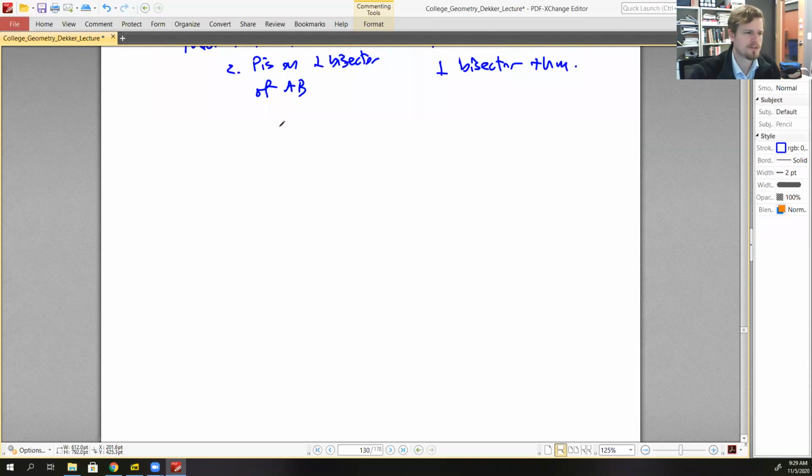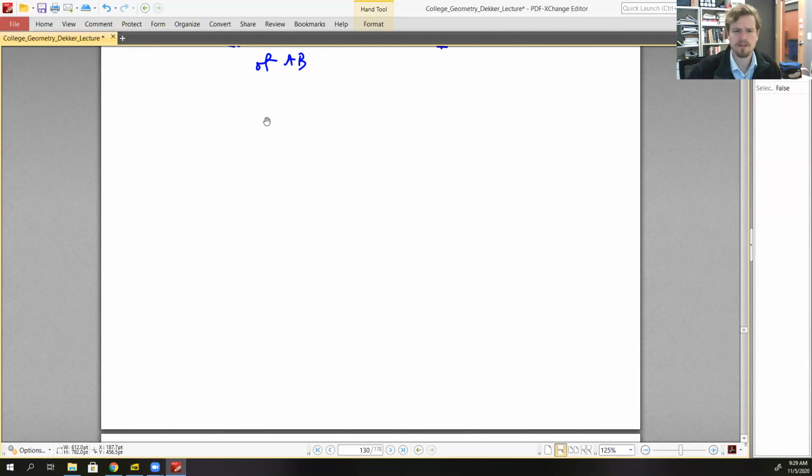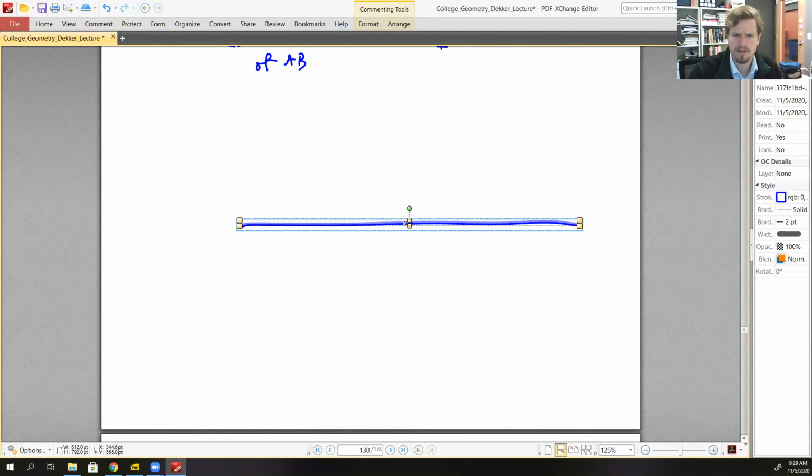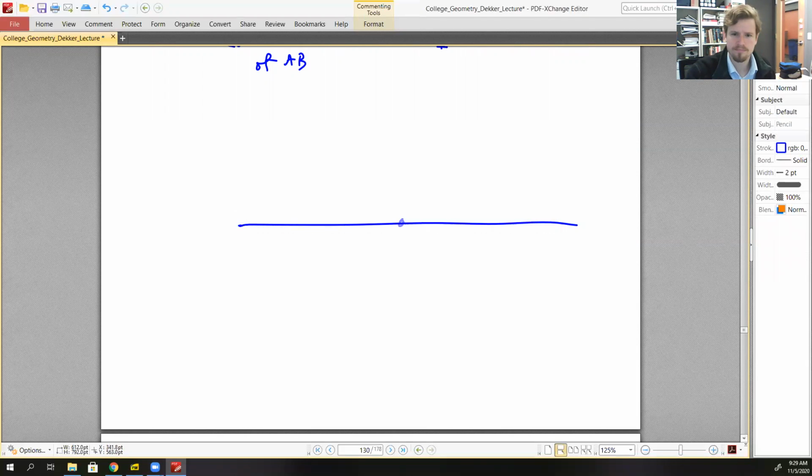So what we want to do here is start off with a line and a point P. If we were to construct a circle of radius R, any radius at all, we could construct this entire circle.